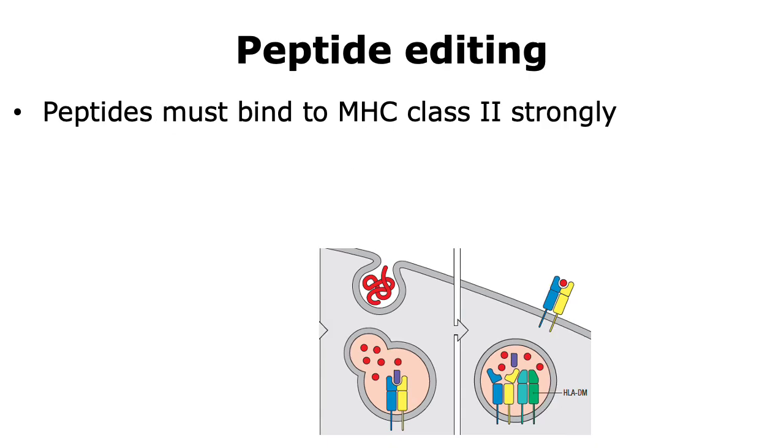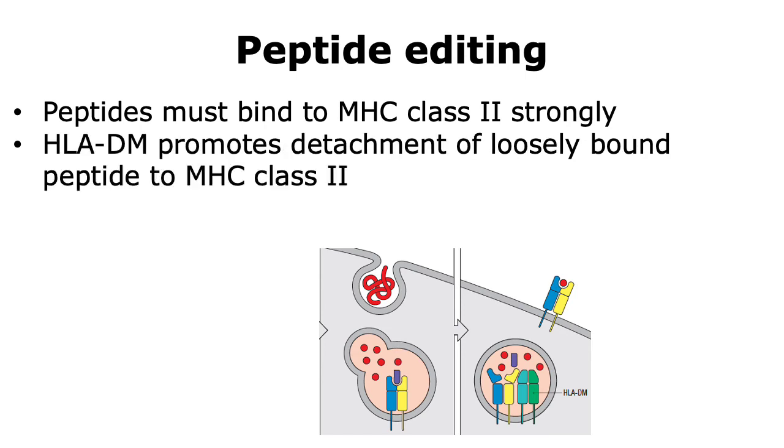It should be noted that peptides that bind to MHC Class II must be able to bind to the peptide binding groove with a high affinity. HLA-DM is able to promote the detachment of any loosely bound peptides to the MHC Class II molecules. Thus, not only does HLA-DM promote the detachment of the CLIP peptide, it also does the process of peptide editing, where it promotes the detachment of other loosely bound peptides that are bound to the MHC Class II.